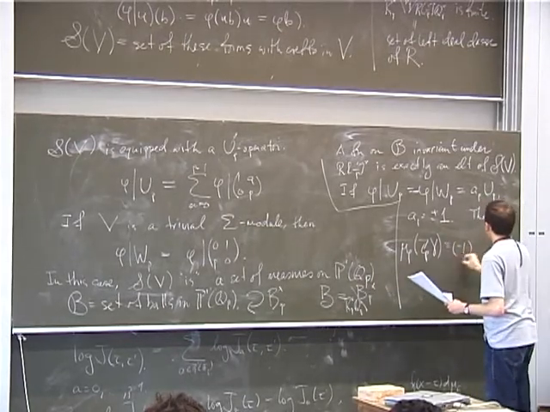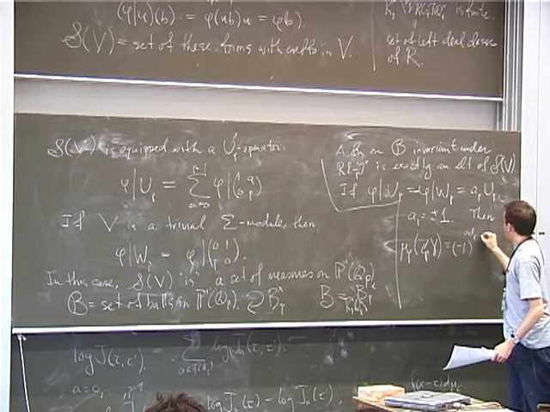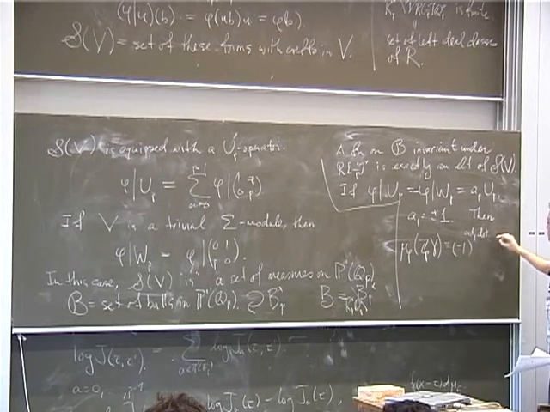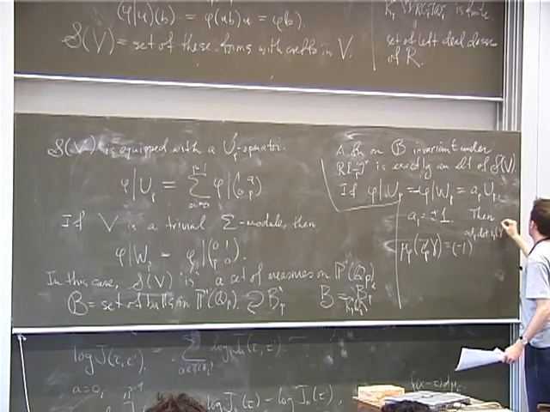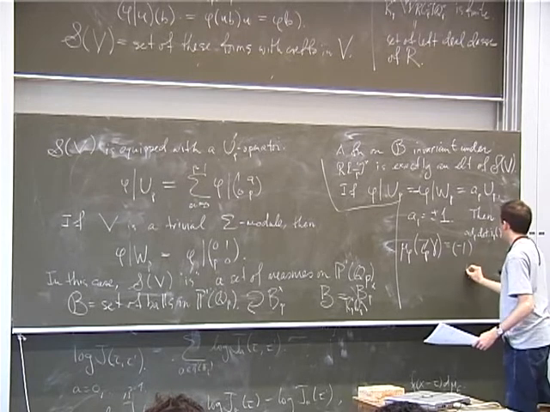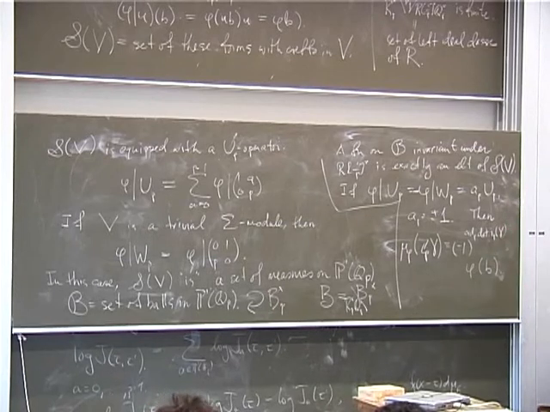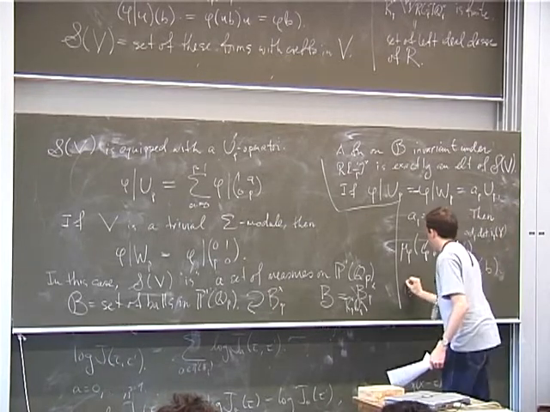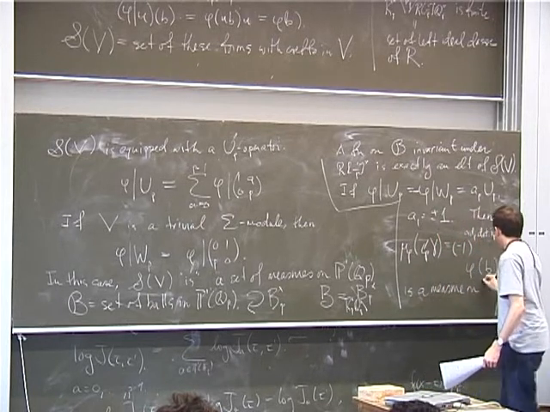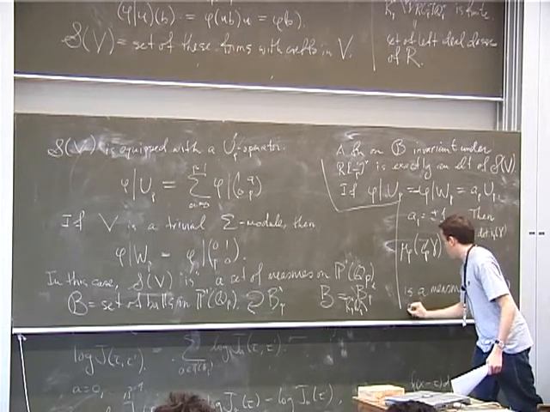You take minus 1, some sort of sign factor, to the ORD P of the determinant of IP of gamma, and then just multiply this by phi of B. Then this is a measure on P1 of QP, and it's of total measure 0.